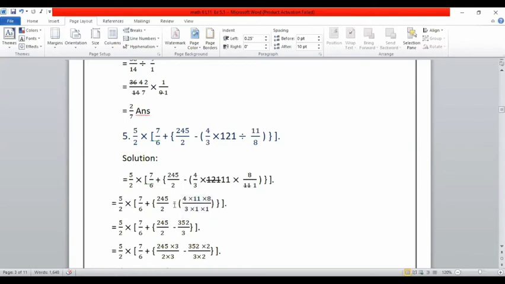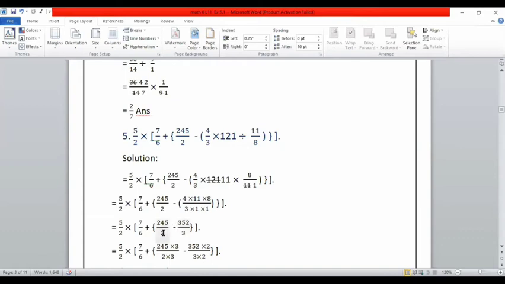Now the result in the numerator comes out 352, and in the denominator the multiplication is 3. Now we are again in the curly bracket. We have to remove the curly bracket after the subtraction.